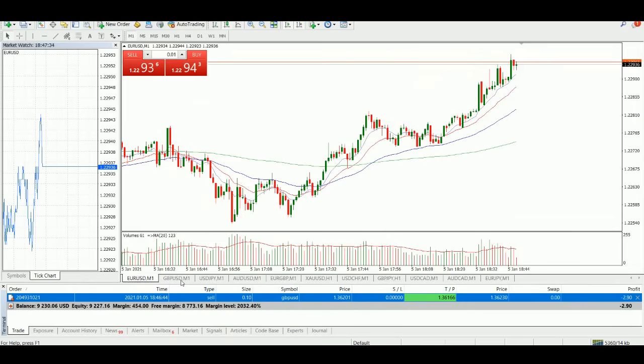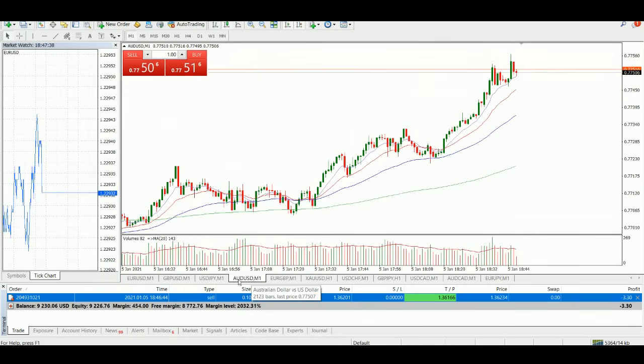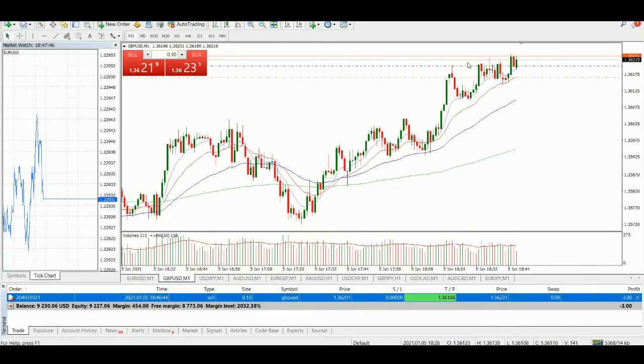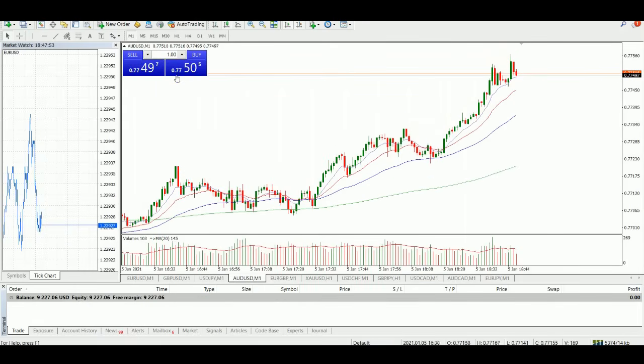Okay, euro dollar also was unable to. Okay, and AUD dollar also. So everyone is retracing, and now the best opportunity is here on AUD dollar. Okay, so GBP dollar, I should have closed it here, so that's fine. I will be closing this one because I want to reach AUD dollar.